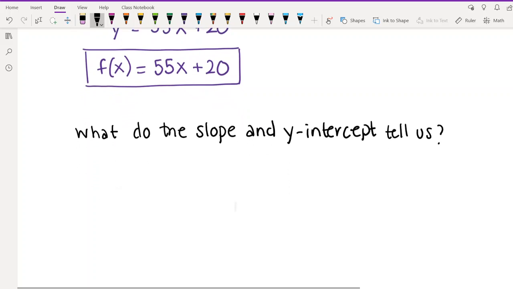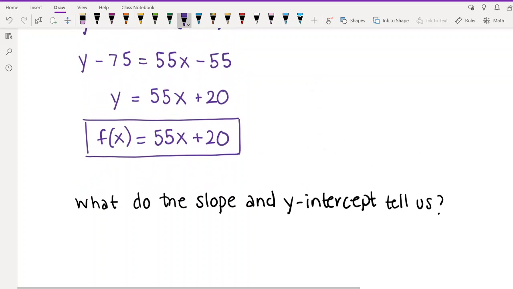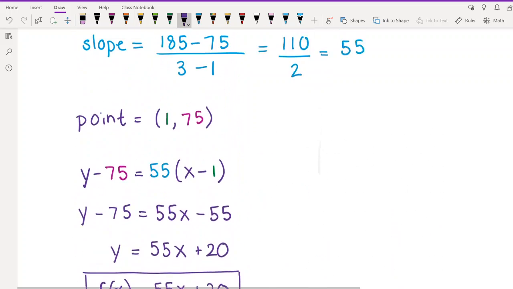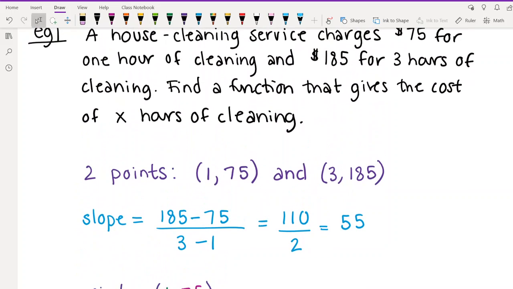So remember that in general, when you have slope, that is a rate, right? Think of the word per when you're talking about slope. So what kind of rate would we be talking about here? Well, remember that we're trying to figure out how the cost changes for different hours of cleaning, right?